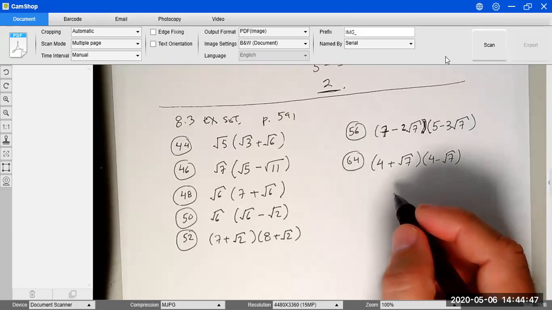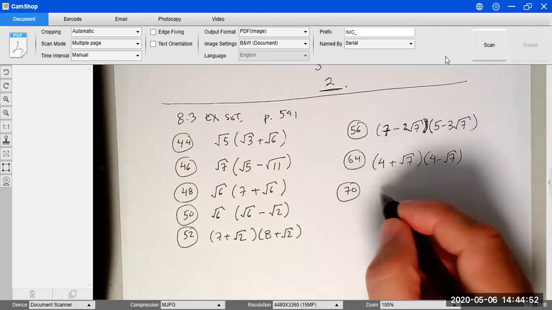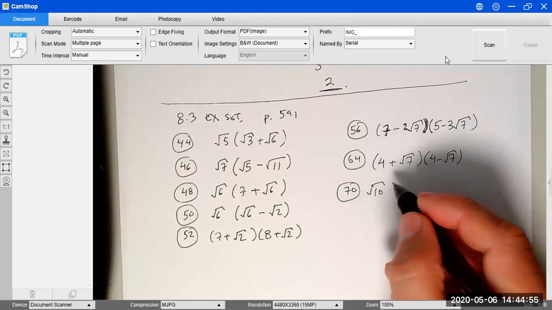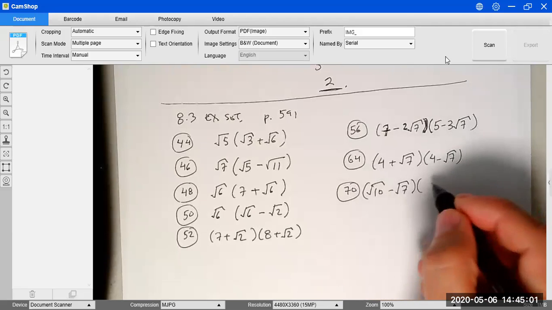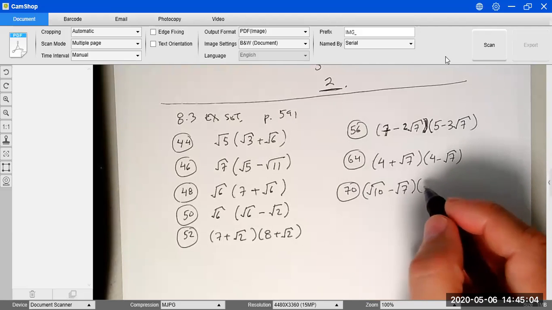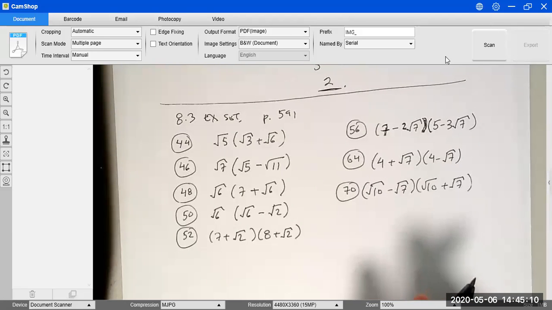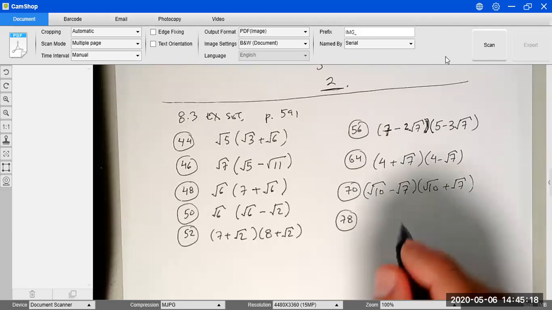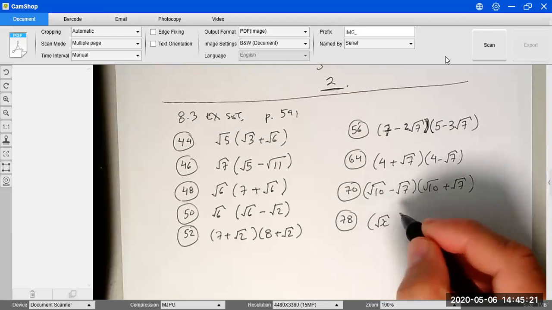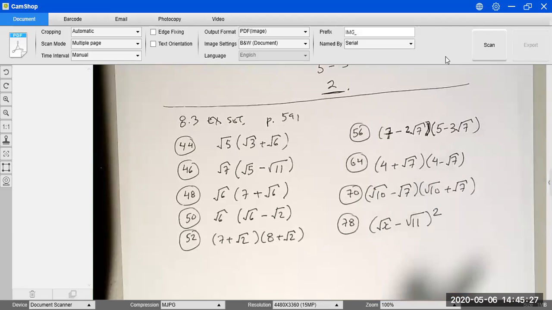Then we have 70. 70 is radical 10 minus radical 7, multiplying radical 10 plus radical 7. And finally, you're going to have 78. 78 is radical x minus radical 11 squared.